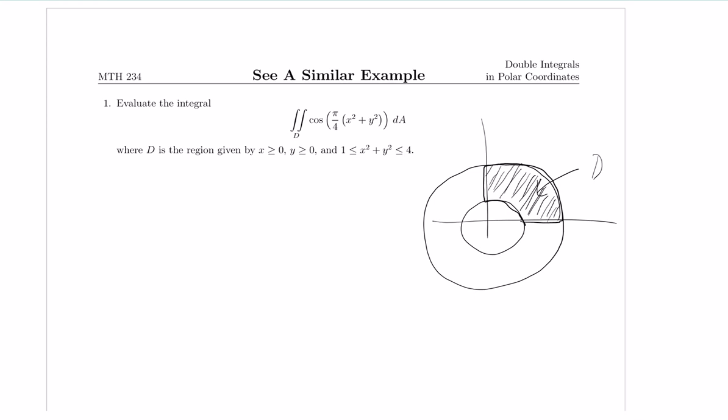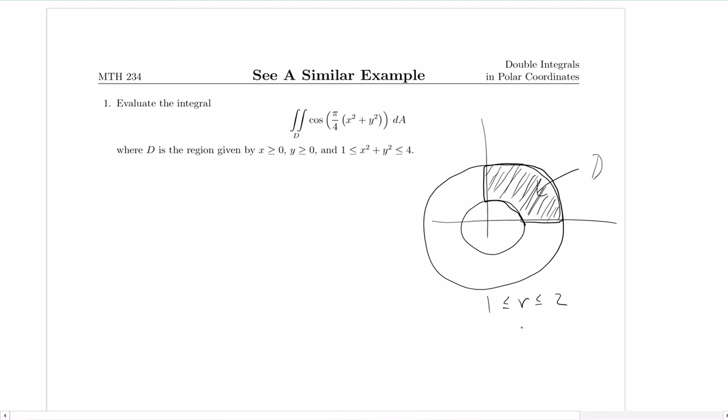So in order to convert it to polar coordinates, we want to describe the same region, but in terms of the polar variables r and theta. So we can describe this as the radius being in between 1 and 2, since the region is in between the circles of radius 1 and 2.